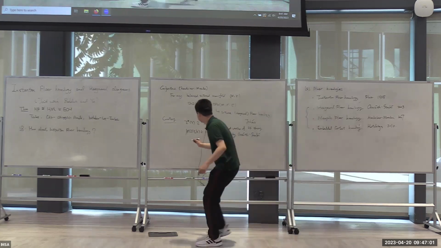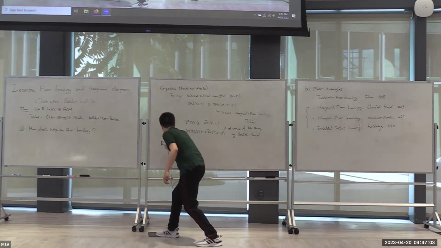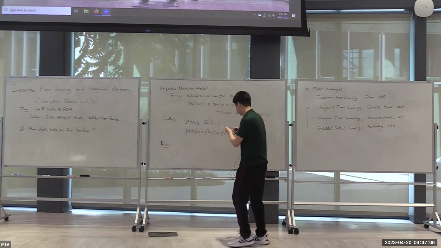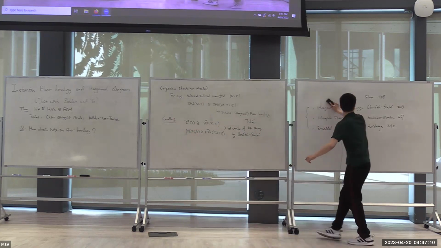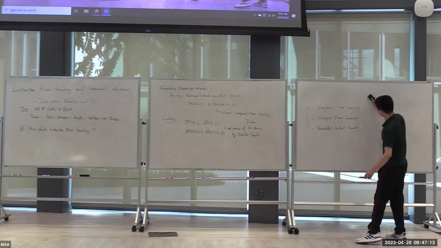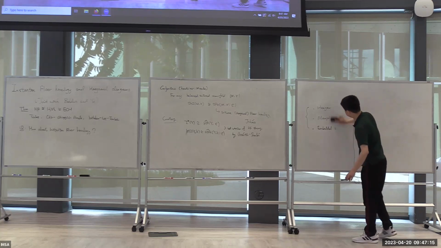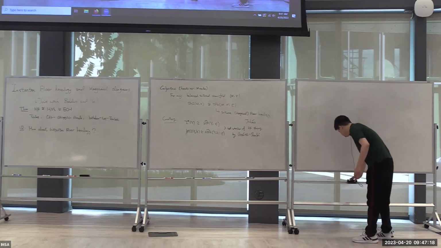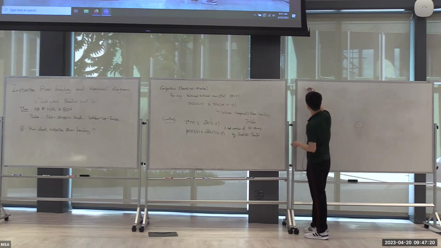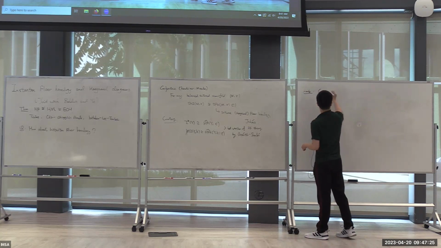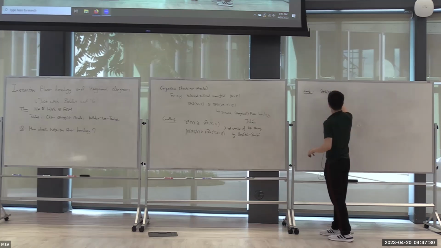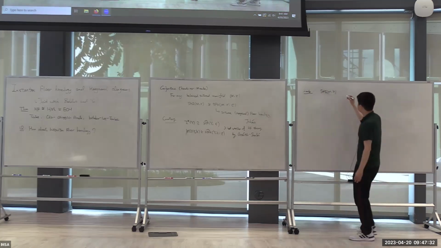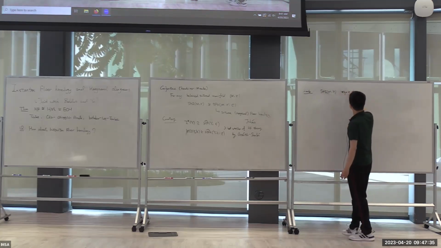So I would like to make a remark here. This complex coefficient is kind of important. So this sutured Instanton Floer homology for a balanced sutured manifold requires the complex coefficients.